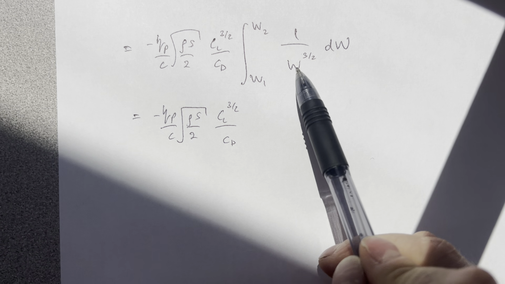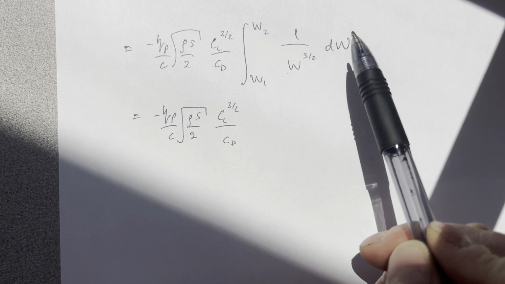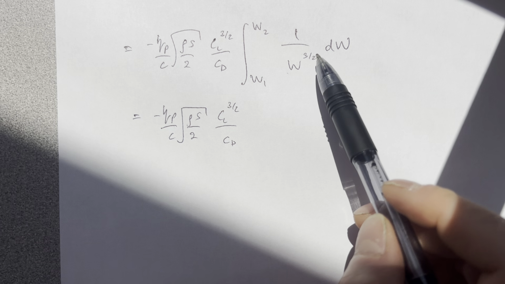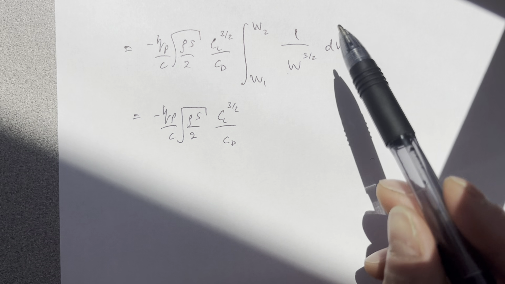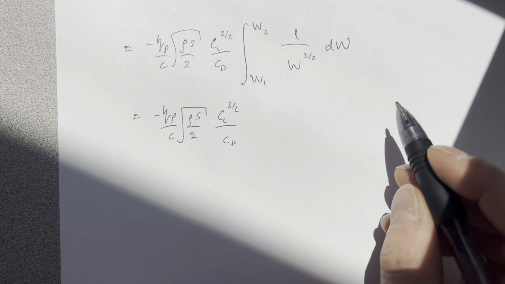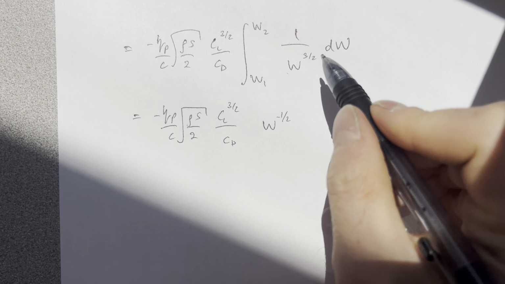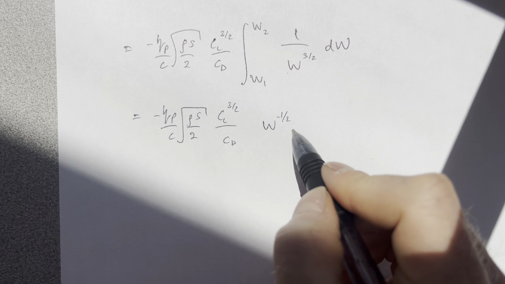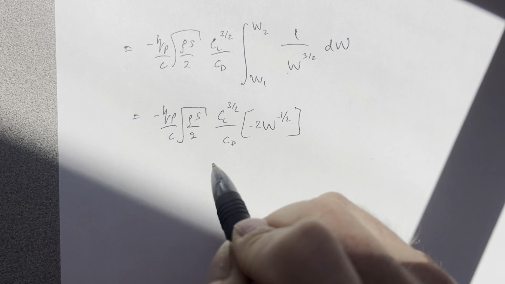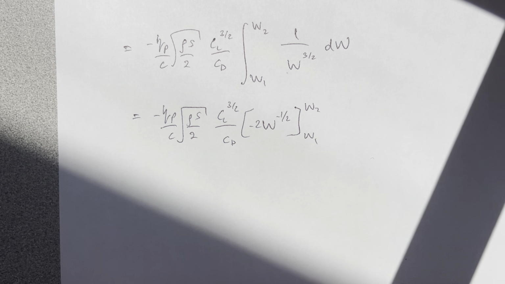So 1 over W to the 3/2 is the same as W to the negative 3/2, right? To integrate, add 1 to the power, divide by the new power. So this will give me W to the negative 1/2. So I've added 1 to the power, divide by the new power. So divide by negative 1/2 will give me that, evaluated between W1 and W2.